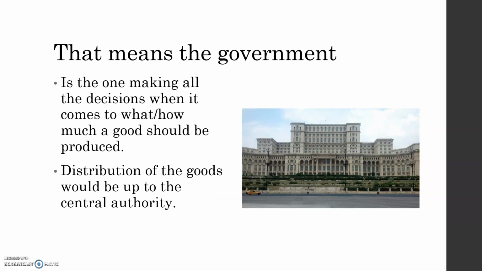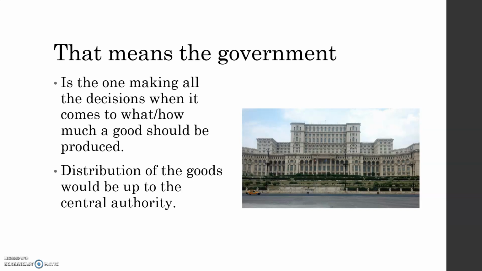And that ultimately means the government is the one making all the decisions. With those three factors of production, land, labor, and capital, they make all the decisions. When it comes to consumption, they make all the decisions. Do you get a car or do you not? Do you get toilet paper today or do you not? That's what a command economy is all about.